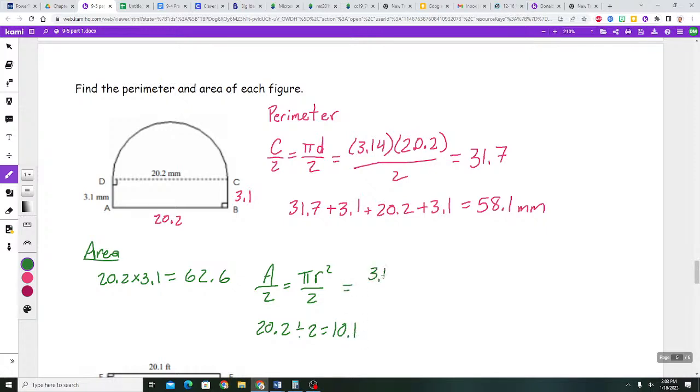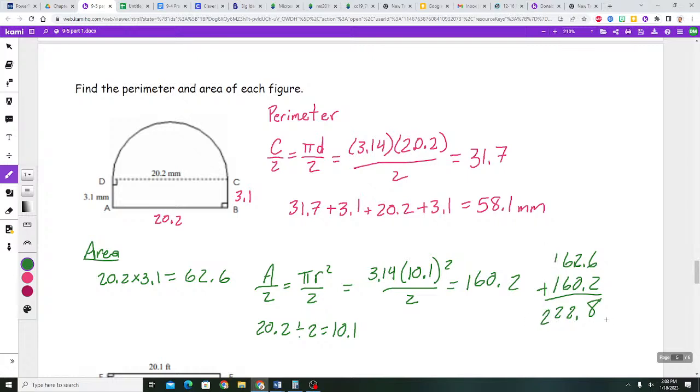So that's 3.14 times 10.1 squared divided by 2. That gives us 160.2, meaning we add together the 62.6 and the 160.2, and I get 222.8 millimeters squared.